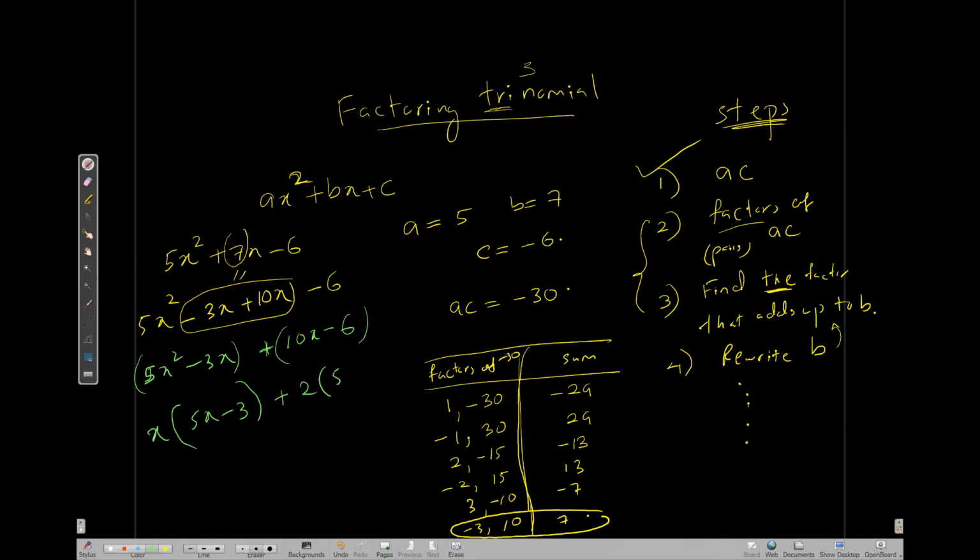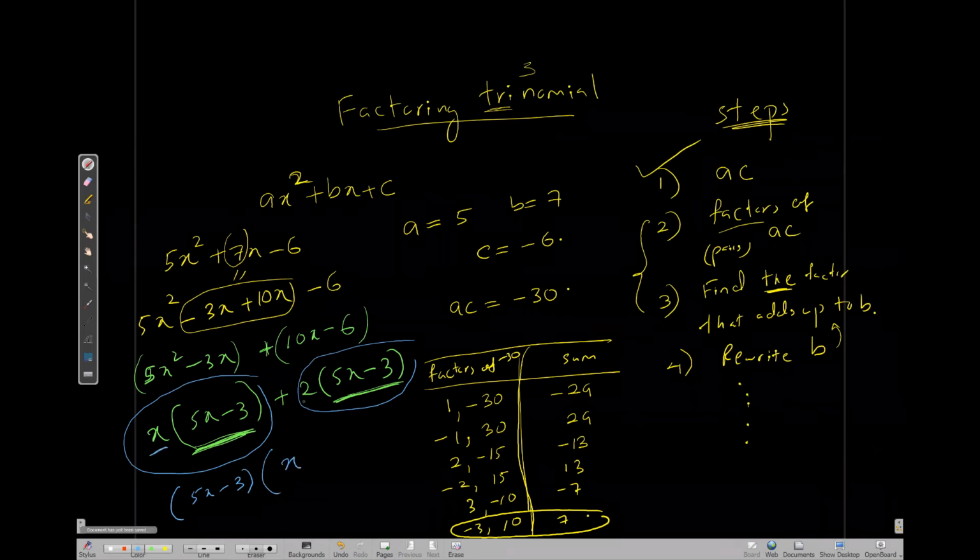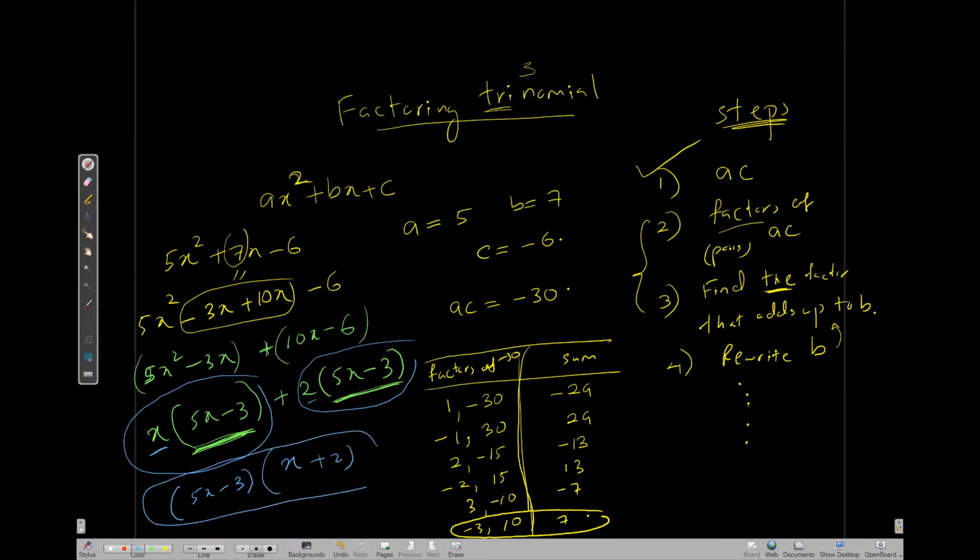So you get 2 times 5x minus 3. If you have done it correctly at this point, you must get the same expression. Now you have two terms, and in those two terms one thing is common, and that is 5x minus 3. So you can pull that out, and the remaining part is x and plus 2. So these are the factors, and that's the result.